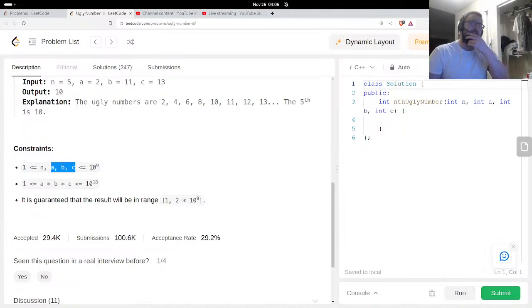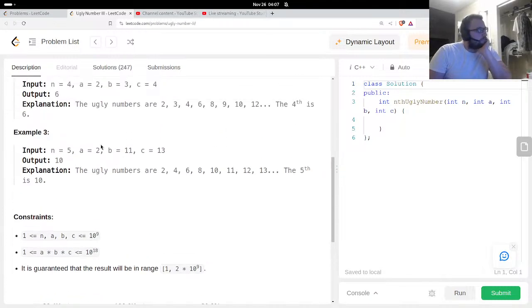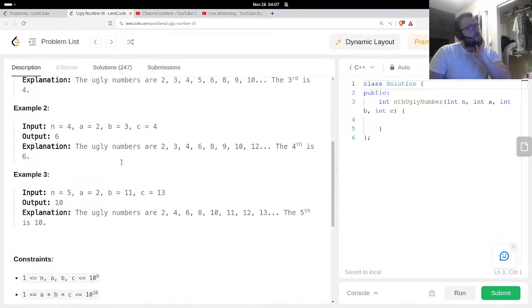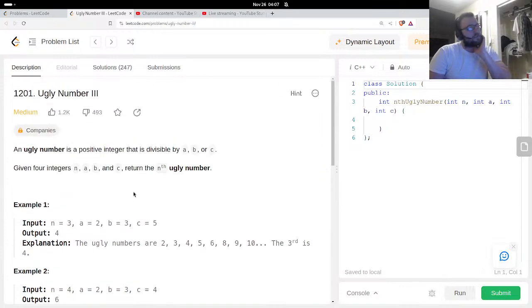These numbers A, B, and C are not necessarily sorted, so I probably want to sort those numbers. Okay, this is an interesting question.